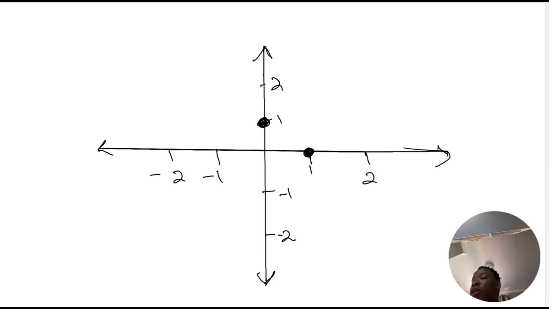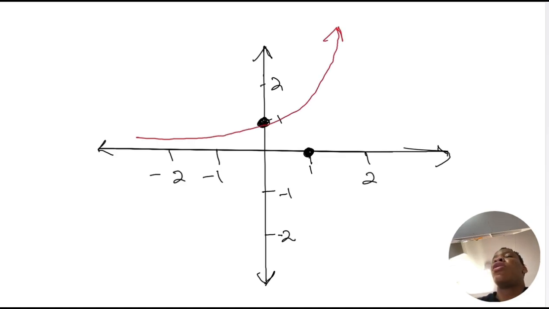So we said y is equal to 0 in terms of the asymptote. Y is equal to 0 and x is equal to 0. Then now let's draw our graph. We will have something of this nature on this side. Let me use a different color. Something of this nature.